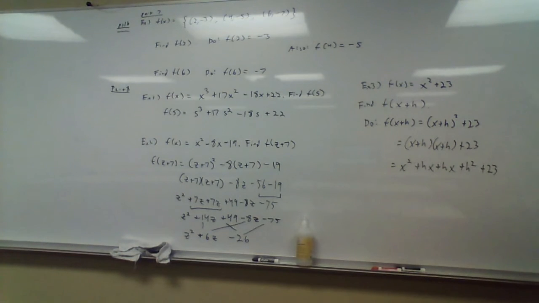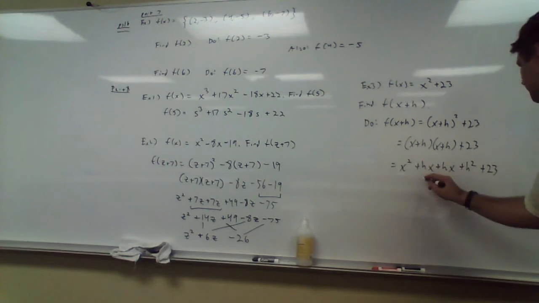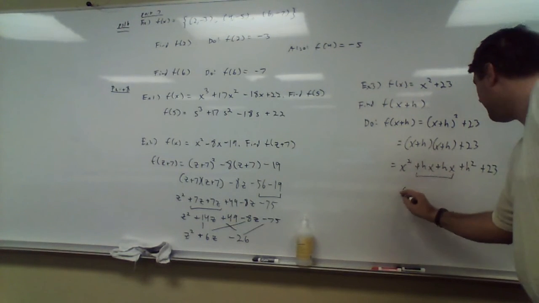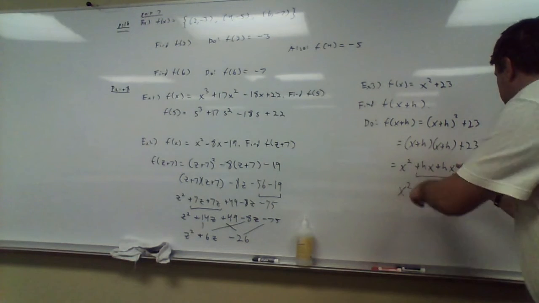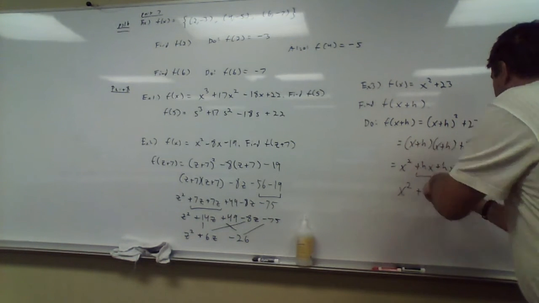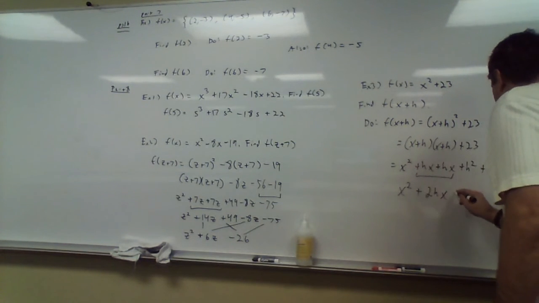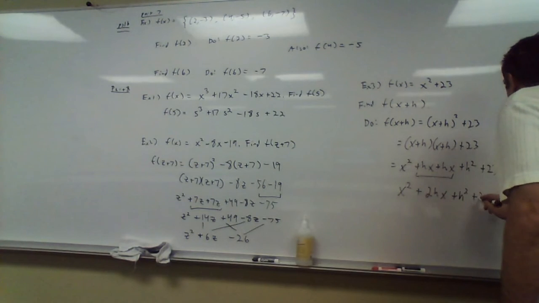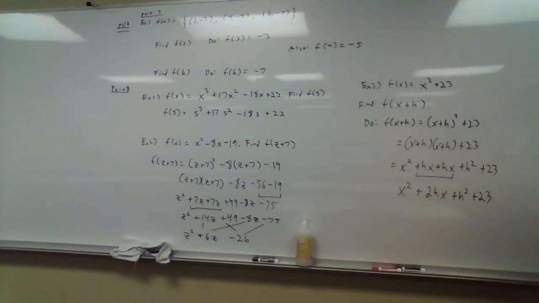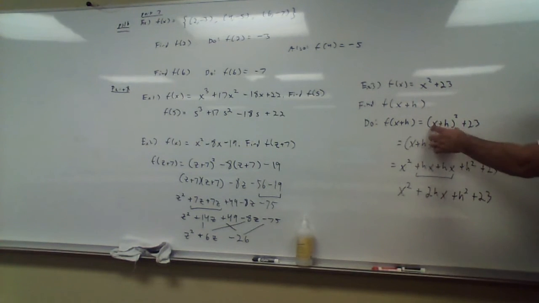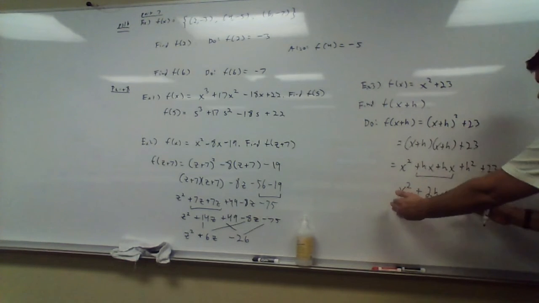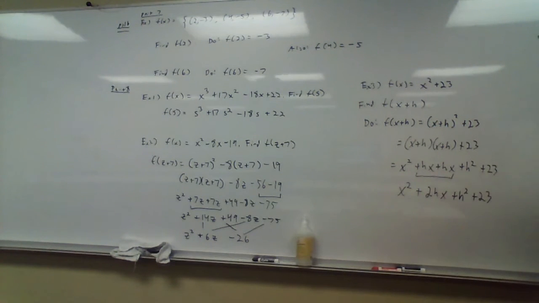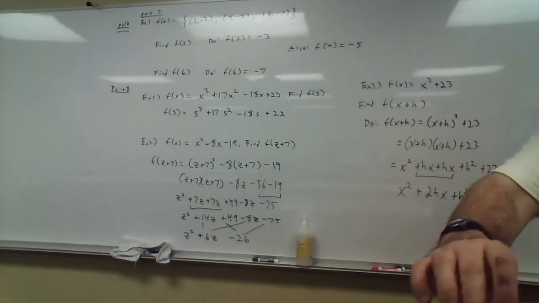There is one simplification that can be done. x squared plus hx, another hx is 2hx, plus h squared plus 23. This is actually an important fact: x plus h squared is equivalent to that. I'll put that on the top of the board, and we'll proceed from there after I clear the board.